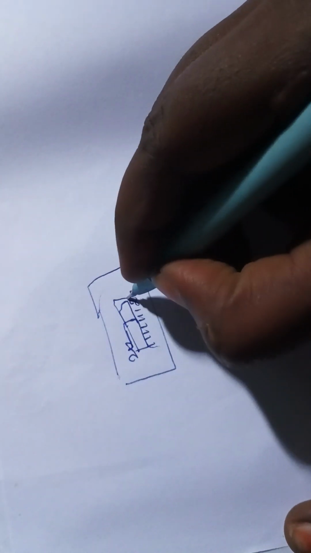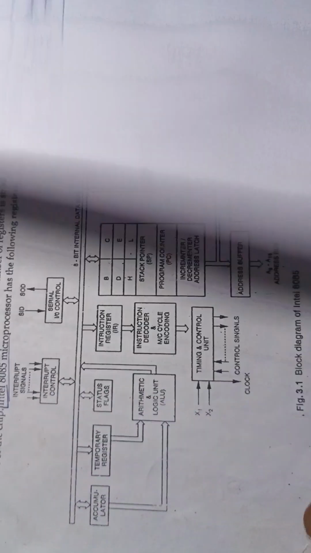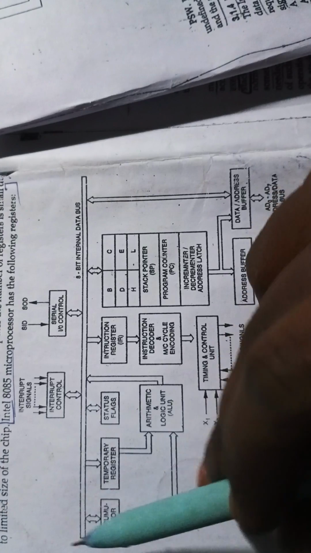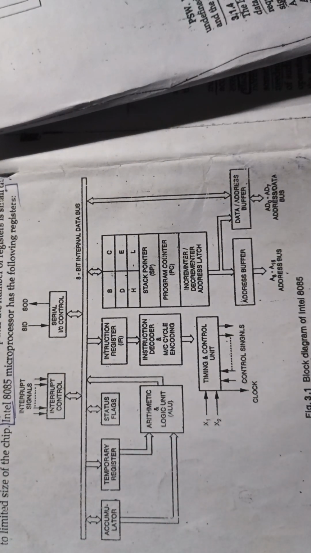Here is the construction of the microprocessor we are going to study. This is the data bus. Data bus means one wire connecting all the functions. The accumulator is used to hold data, and here the temporary register is used to hold data temporarily.